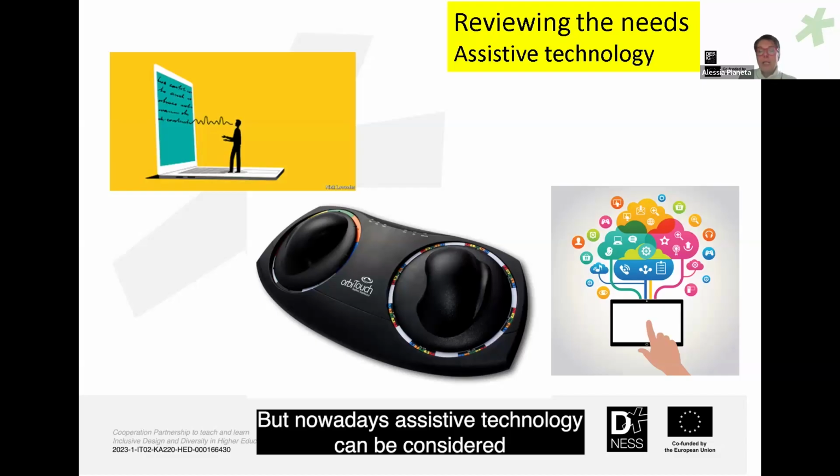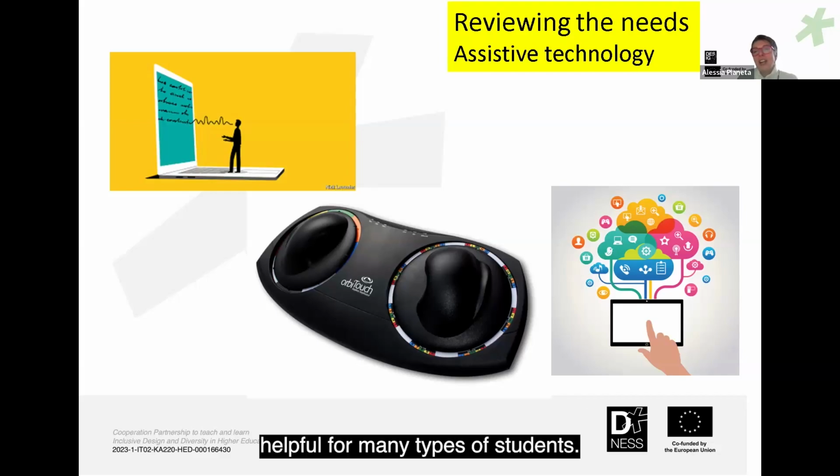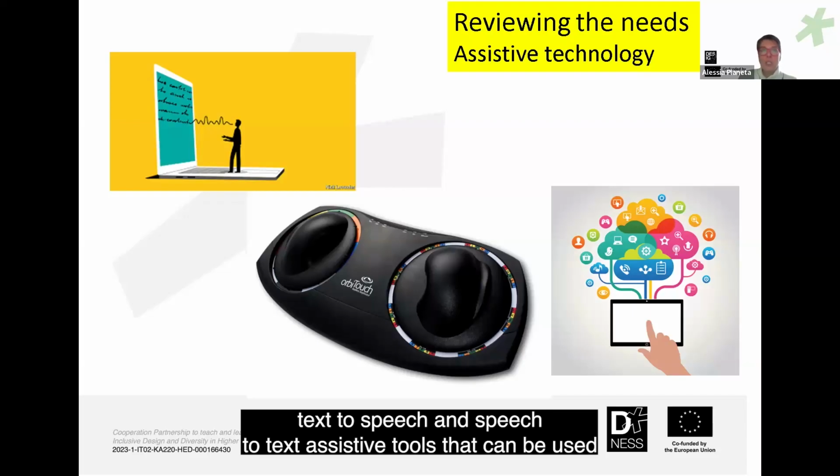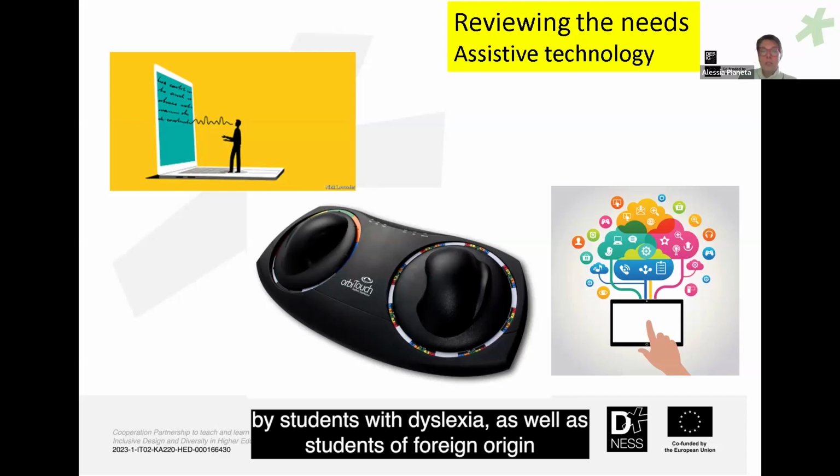But nowadays, assistive technology can be considered helpful for many types of students. We have already described text-to-speech and speech-to-text assistive tools that can be used by students with dyslexia as well as by students of foreign origin who need to improve the knowledge of our languages.